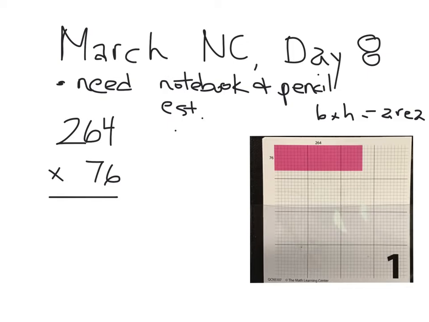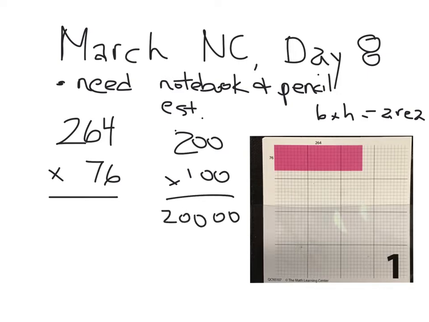So I could actually lower that estimate, maybe make it 200 times 100. Let's actually do that. I'm going to erase this here. Let's say 200 times 100, just to get me ballparkish. 1 times 2 is 2 with 4 zeros. I'm going to say my estimate is right around 20,000 for this answer.